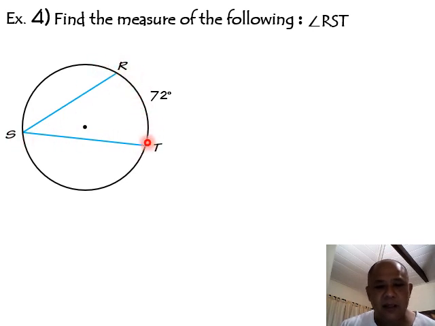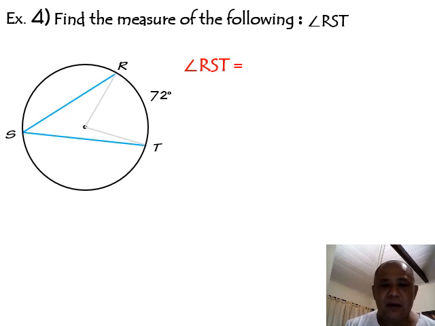We know that RT is 72. So this will be half of 72. So we can say angle RST is equal to half of 72, which is 36 degrees. And it's that simple.